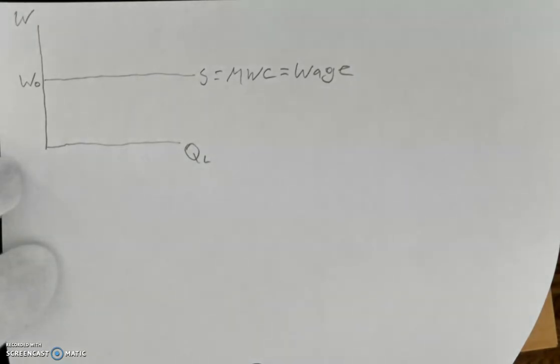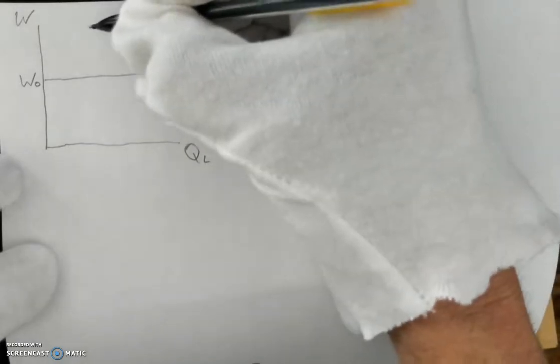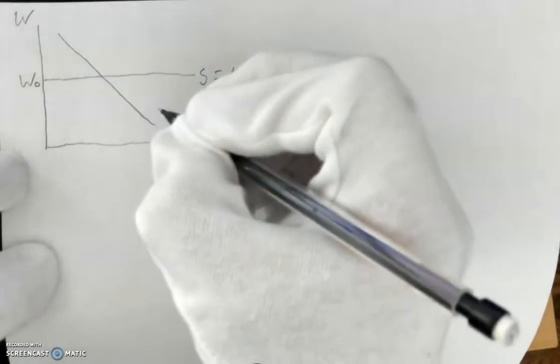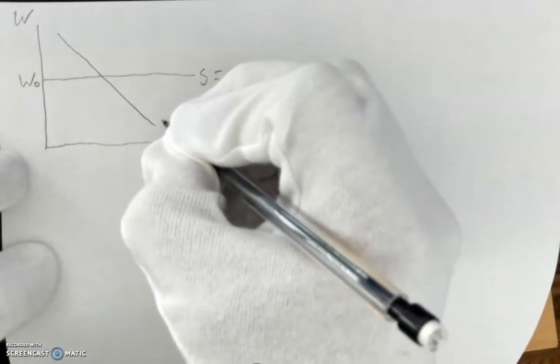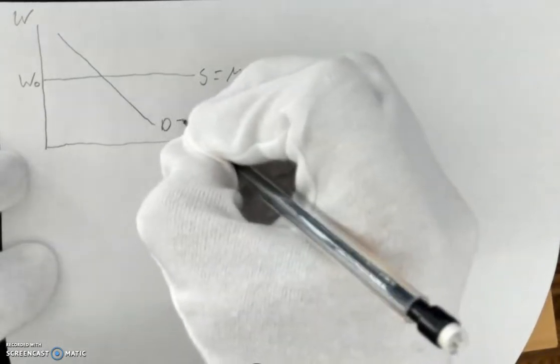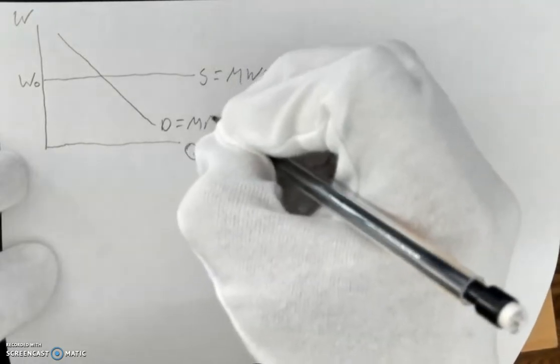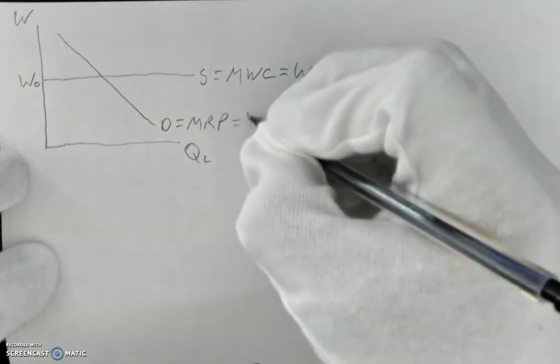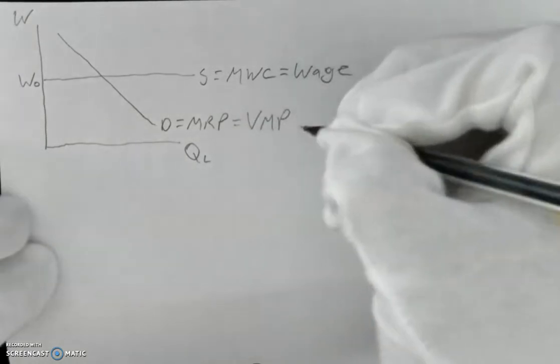The demand curve for labor in a market that is perfectly competitive in its product would be downward sloping. And it would look like this. The demand curve would be equal to the marginal revenue product curve, and that would be equal to the value of marginal product.